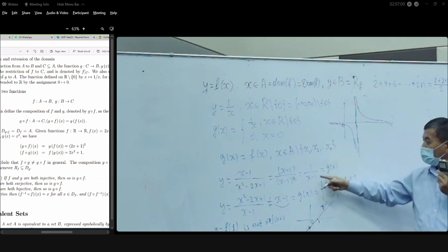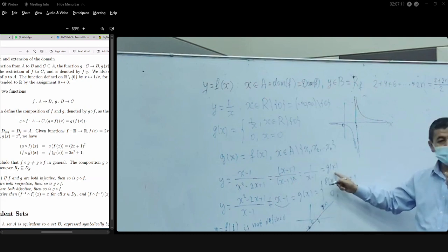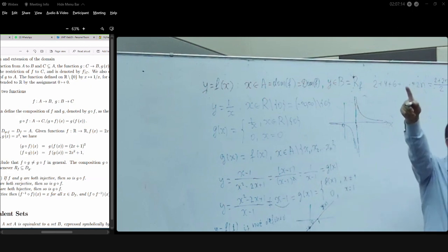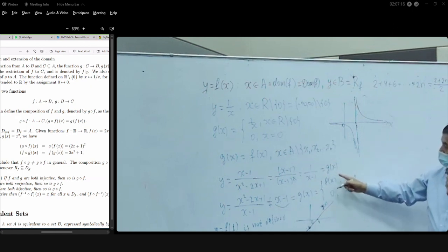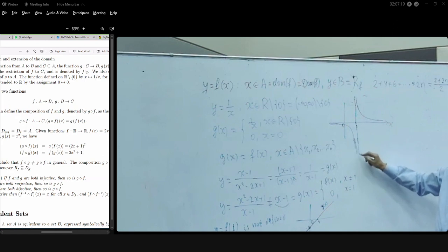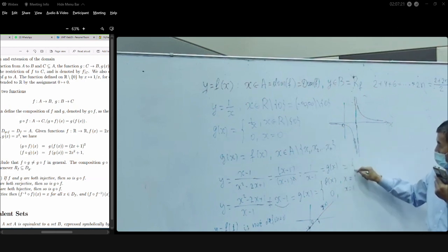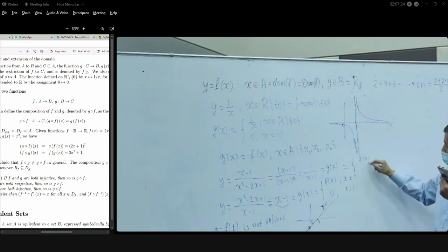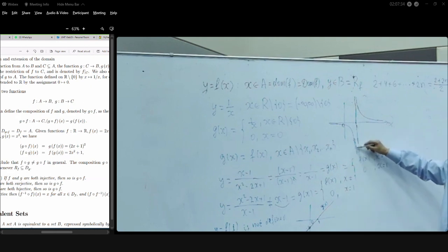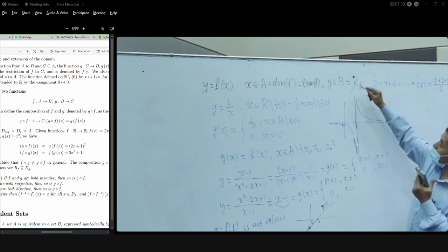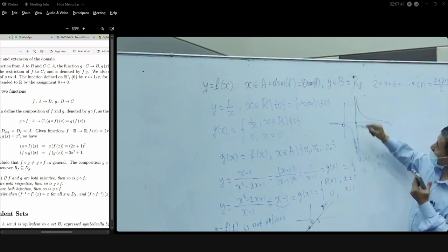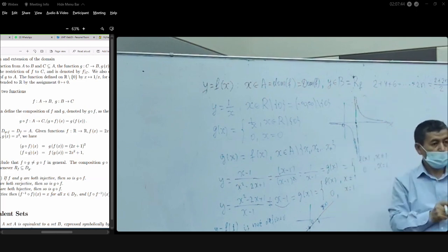But, you know, I cannot extend this function according to the definition. You see, according to the definition 8.1, if I say it is f of x if x not equal to 1, and if x equal to 1, it is 0. So, look, the graph goes to negative infinity on one side and plus infinity on the other. But I am saying it takes the value 0 at 1.